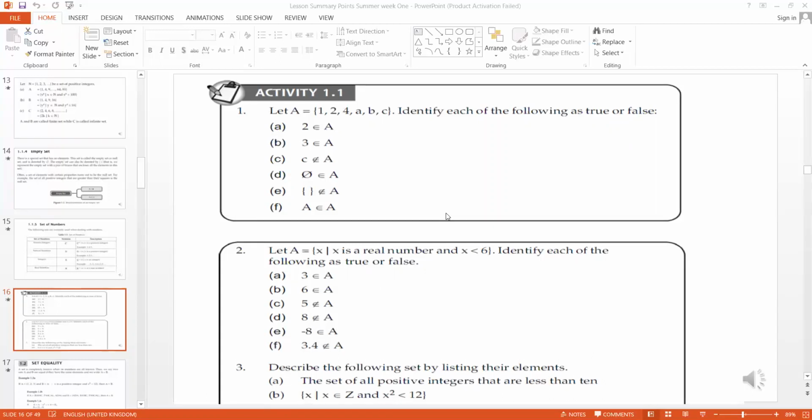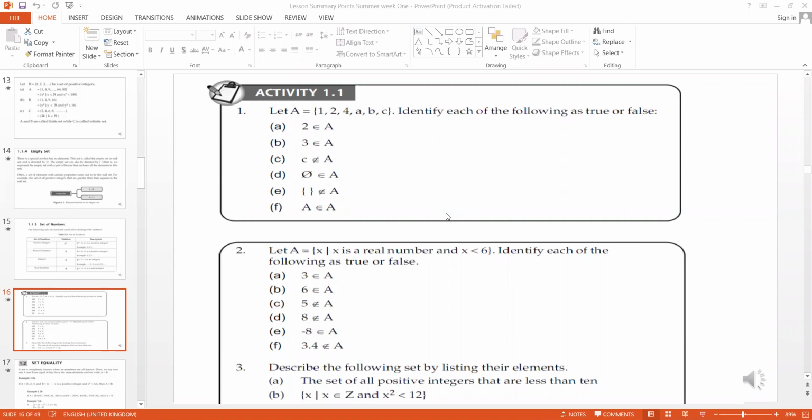Then question 2F. I have IB here. IB, I've unmuted you. It's false. Okay. So 3.4 is a real number, right? No, it's not a real number.